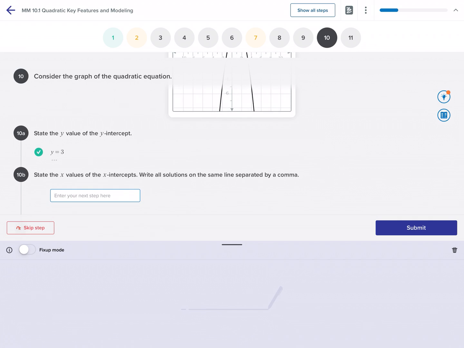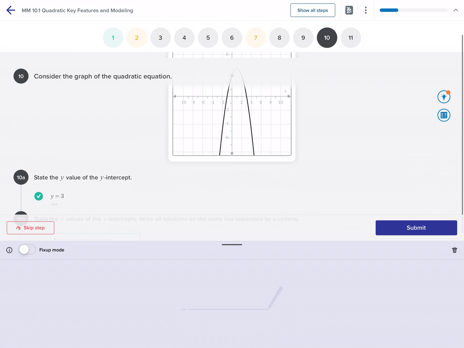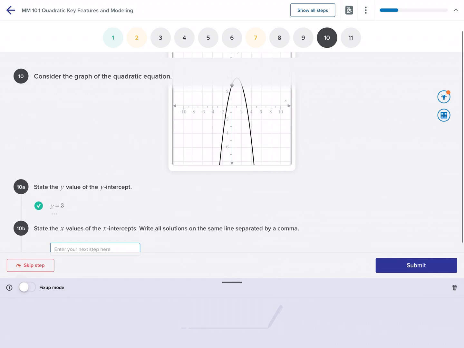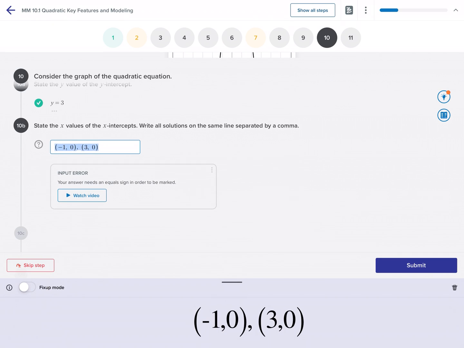State the x value of the x-intercepts, separated by commas. So we did that. It was very, very similar. The thing about this is you can't really see it very well. So something like -1, 0 and 3, 0. Submit. Error input.